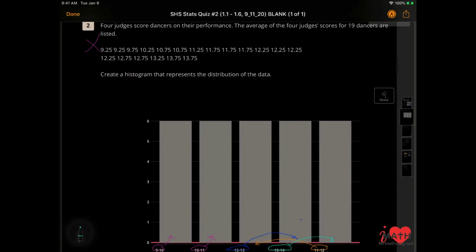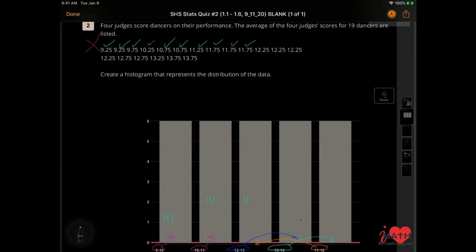So I'm just going to start counting these and create a really quick frequency count. I think of it as 925, 925, 975. That goes there in this bin. 1025, 1075, 1075 goes here in the second bin, between the $10 and $11.